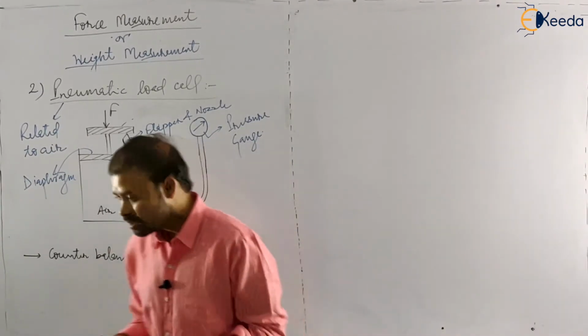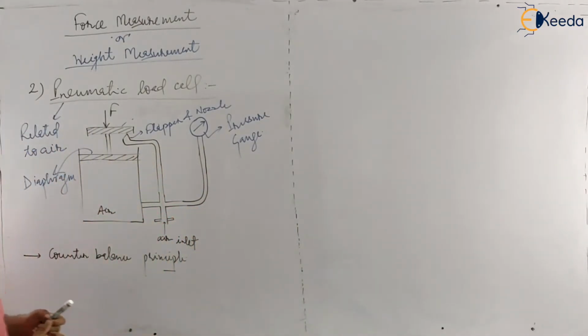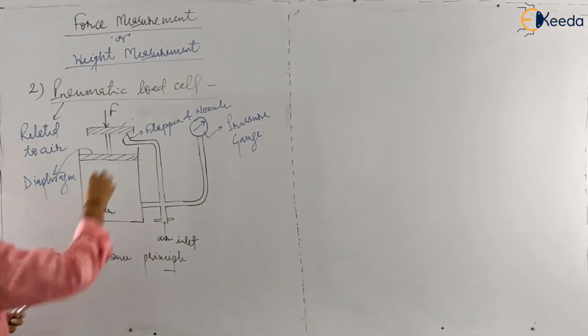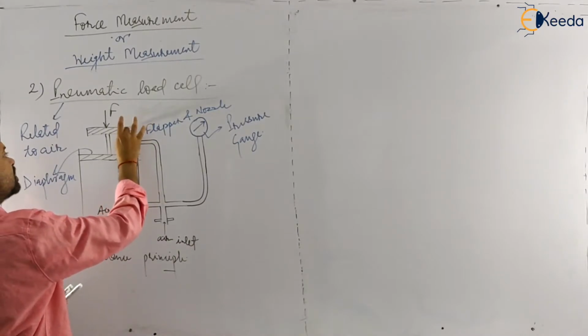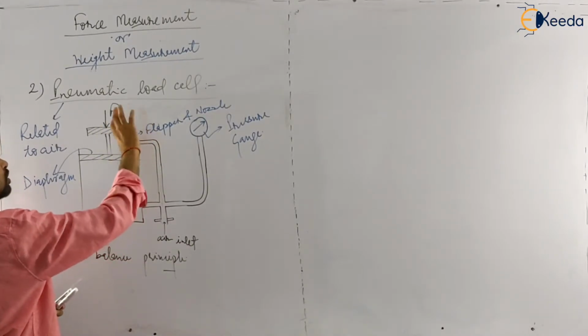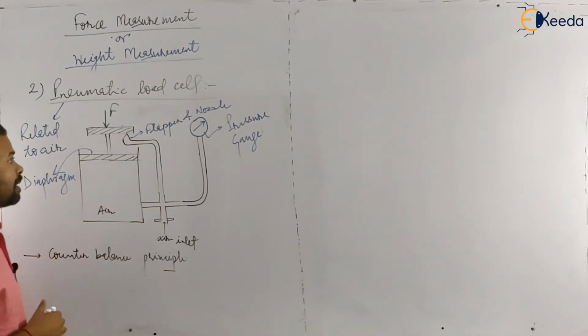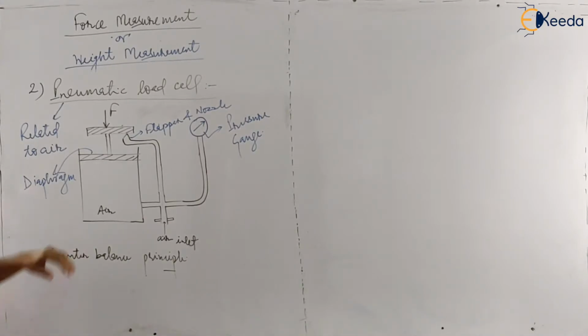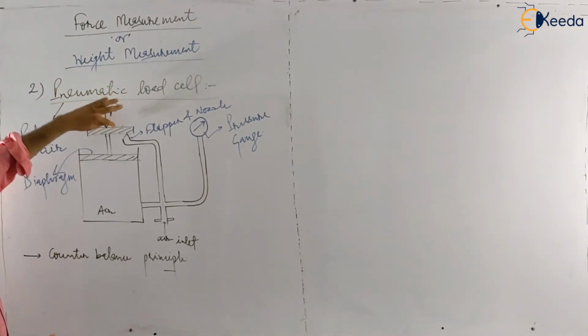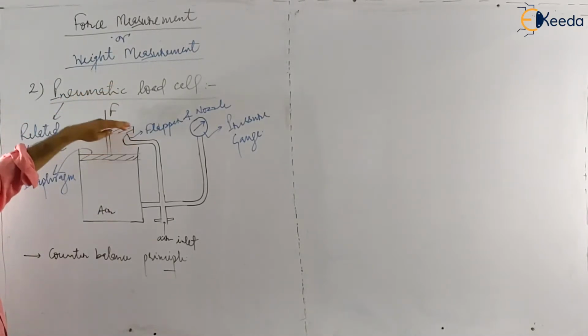So now let us talk about its operation. This is the flapper, and this is the nozzle. So I have written this combined flapper and nozzle arrangement, right? When you apply force on this flapper, it blocks the nozzle.